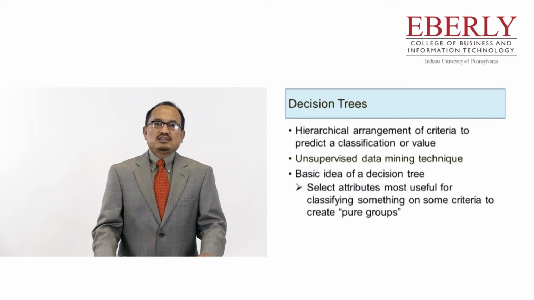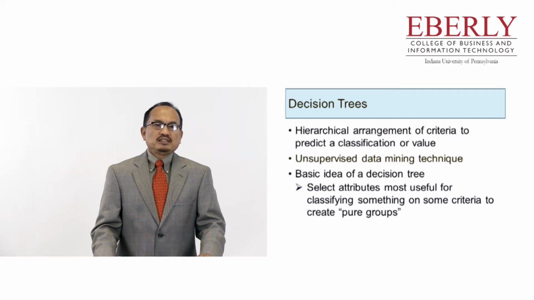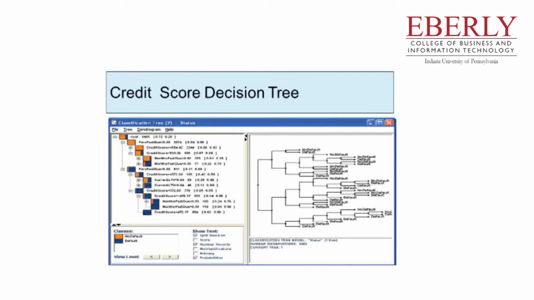The analyst sets up the computer program and provides the data to analyze, and the decision tree program produces the tree. Figure 9.21 shows an example provided by Insightful Corporation, a vendor of business intelligence tools. This tool examines data from 3,485 loans.